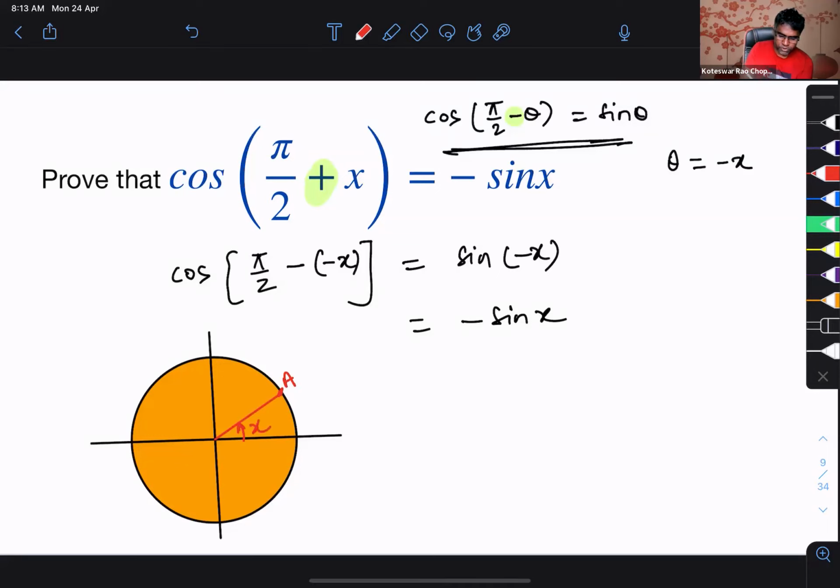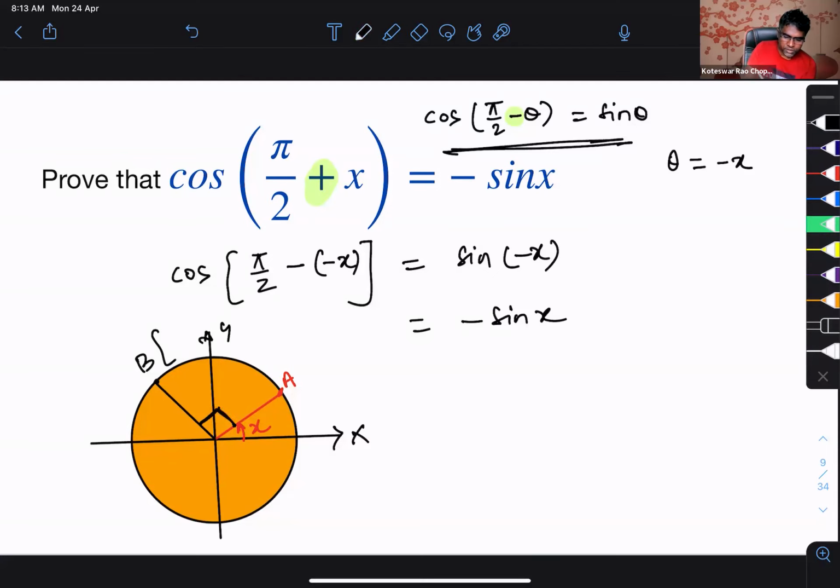Because x is positive, we're going in the counterclockwise direction, and then from there we are going 90. So take a perpendicular line. This is 90, and then you get this point B. Now the point B has an x coordinate, which is cos of pi by 2 plus x, because with the reference line, our x-axis, you have turned in the counterclockwise direction by x plus pi by 2.